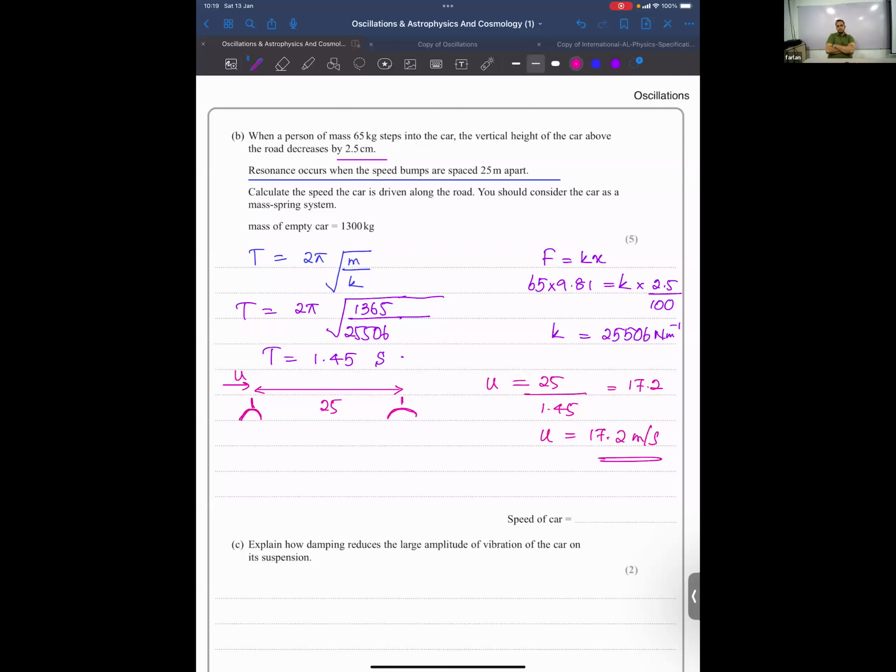What is the lambda? 25. Are you getting 17.2? Any questions? If you have any questions, you can ask.